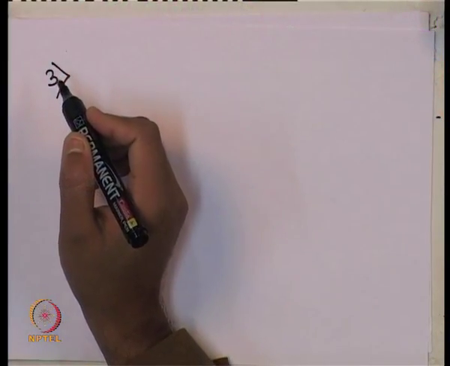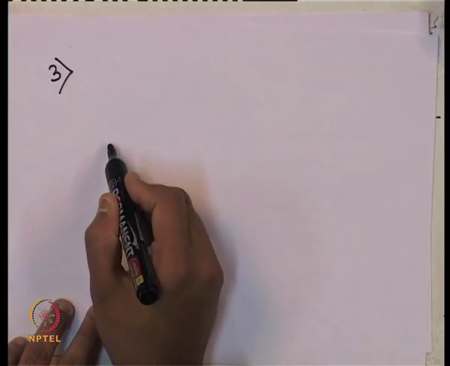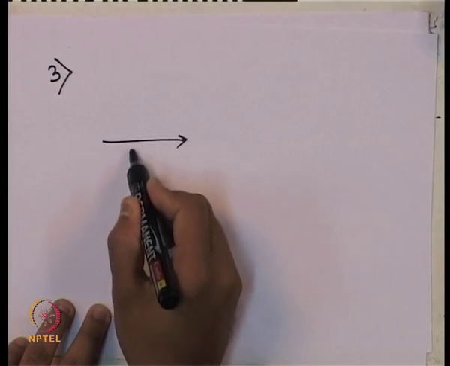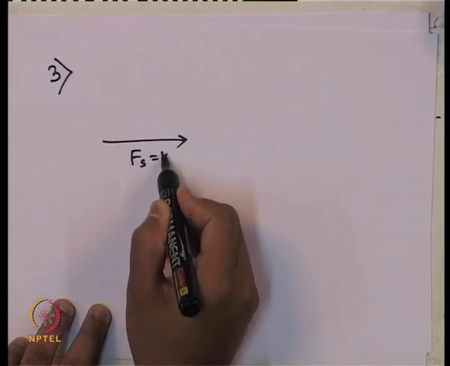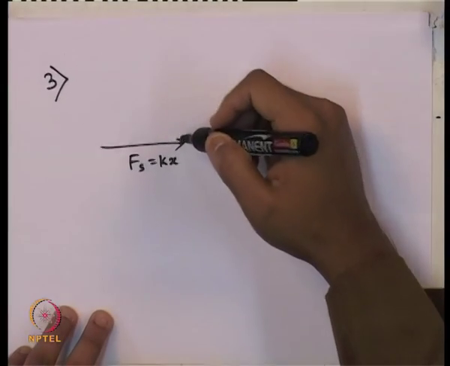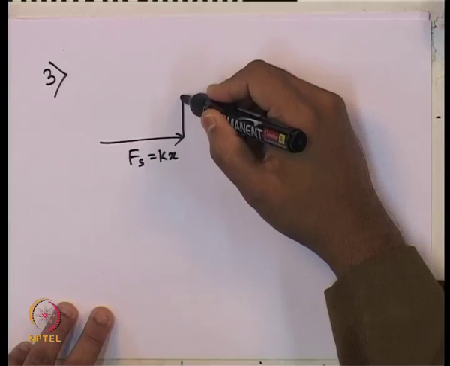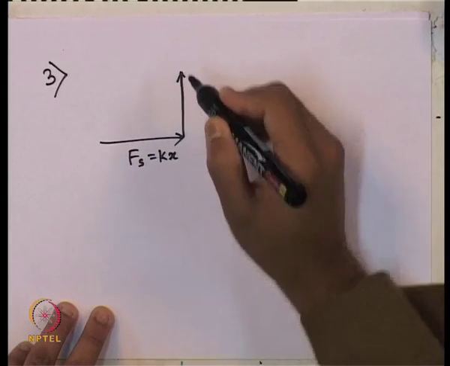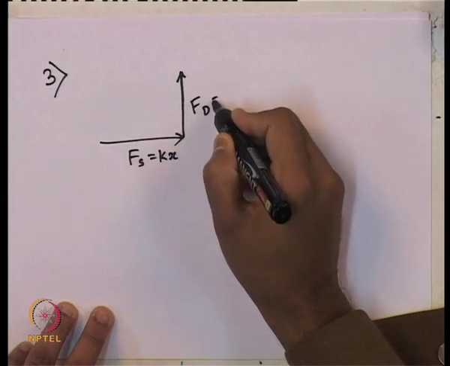Let me see the other two cases. Before coming to the second case, let me give the third case first. For the third case, what do we have? We have F s, 90 degree to it we have the damper force F d.